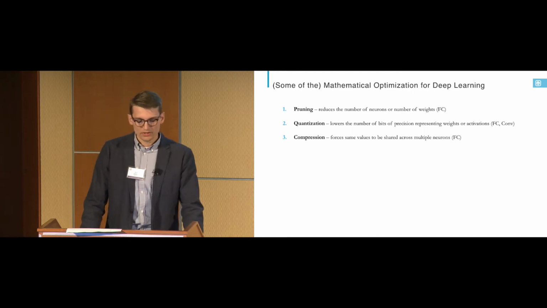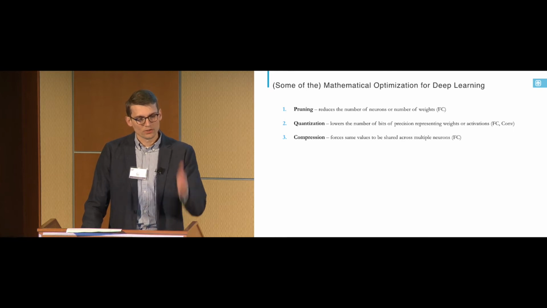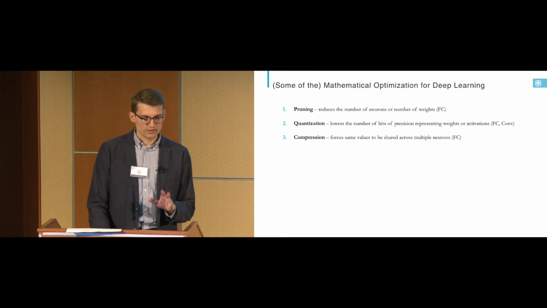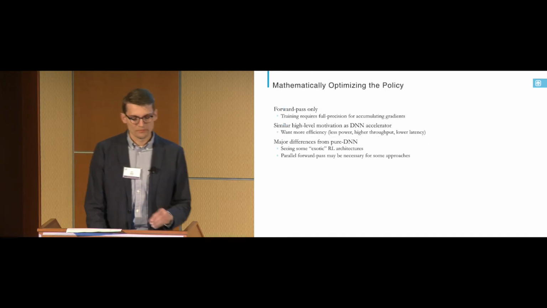We'll be looking at quantization, which lowers the number of bits of precision of any type of parameter, and you can apply quantization to fully connected or convolutional layers. And we'll be looking at weight sharing, which forces weight values to be shared in a single fully connected layer. I'll go over the details for these.